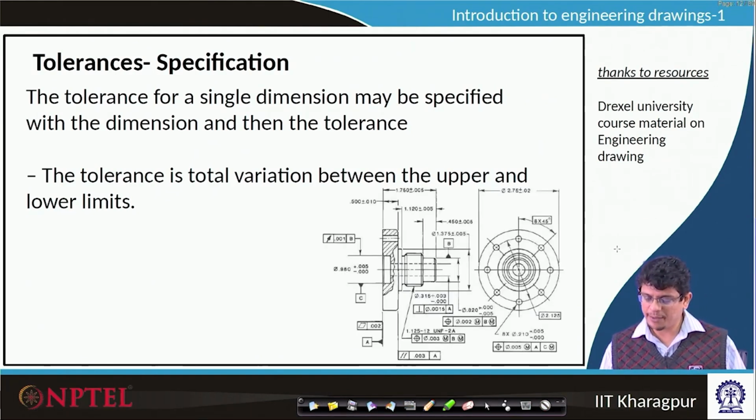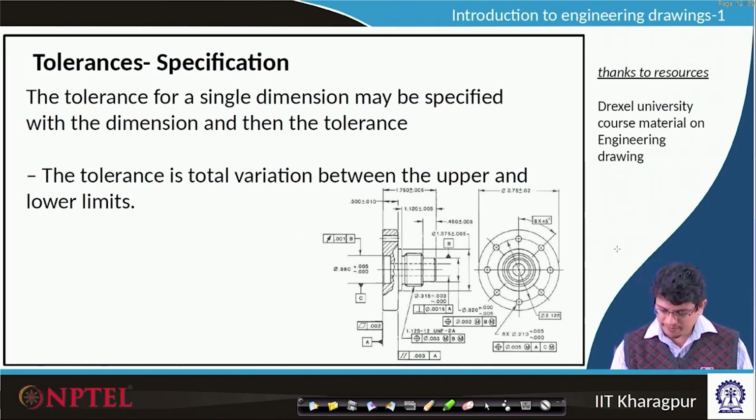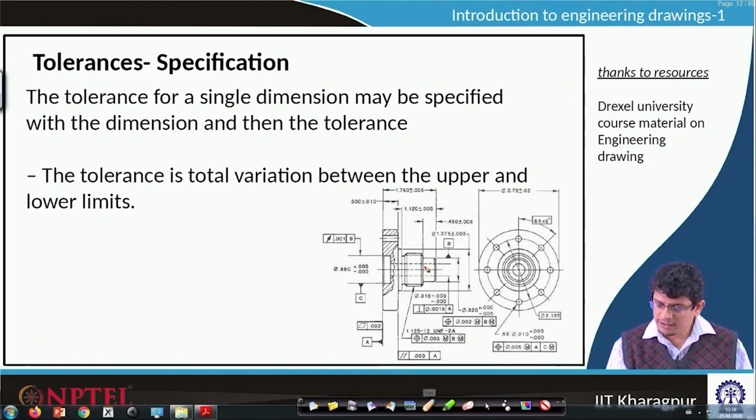Let us look at an example. Here we have a drawing sheet on which many components are shown. For example, it is for a turning operation, and the chuck, screws and other things are represented here. Let us pick this one.